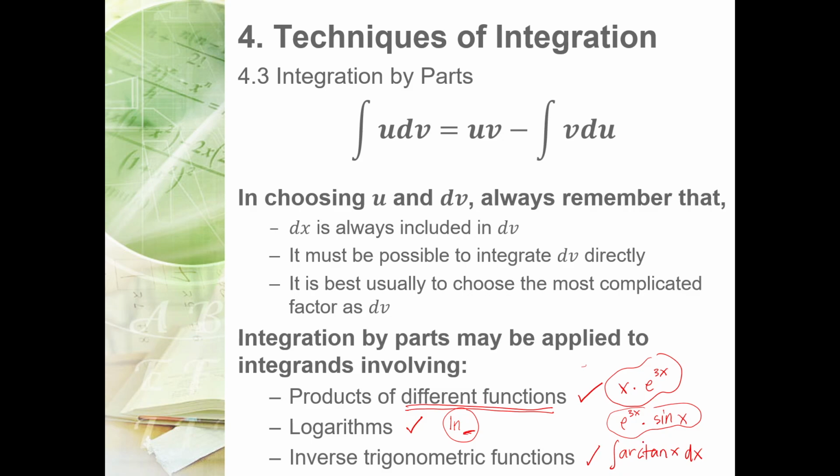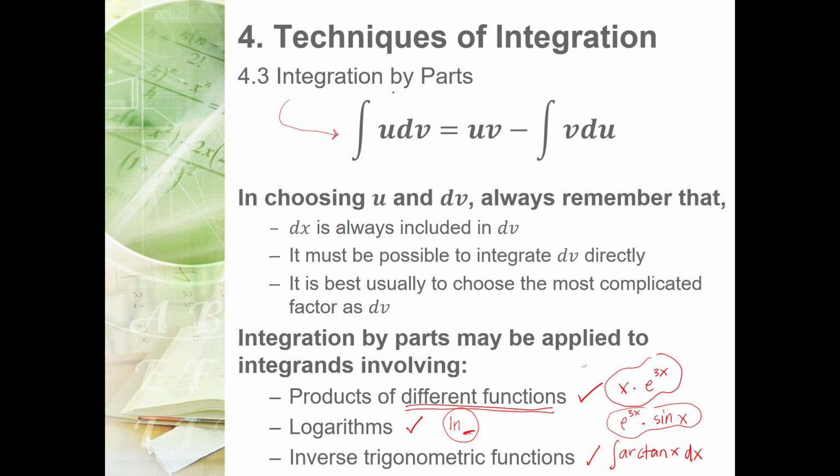We don't have such a formula for the integral of arctangent x, but we do have integrals that give us inverse trigo functions, like the format du over a squared plus u squared, but we don't have any formula for inverse trigo functions themselves, diba? So that's where integration by parts comes in.